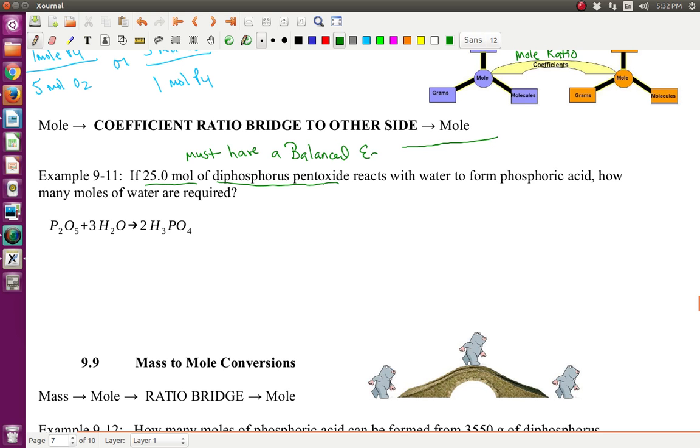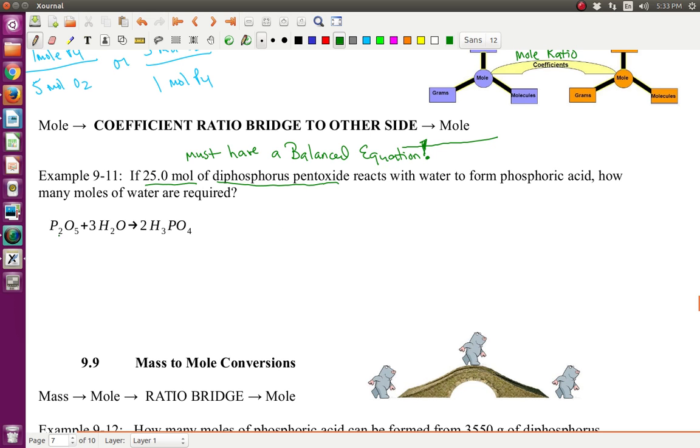So if your equation is not balanced, you're going to have to stop and balance it first. And so, yes, you will be balancing equations again in this chapter. And you'll also be turning words into equations. And so there's going to be a lot of review from previous chapters. But you have to have a balanced equation, otherwise this won't work at all. So we start off with 25 moles of diphosphorus pentoxide.